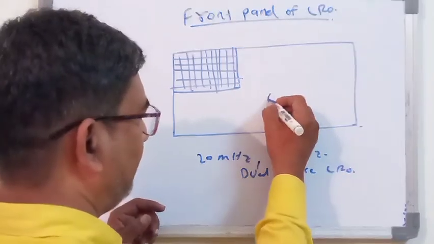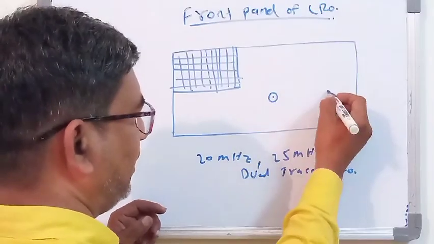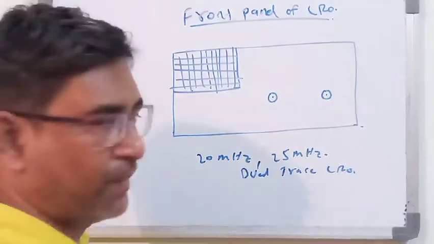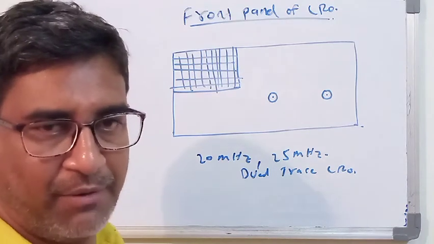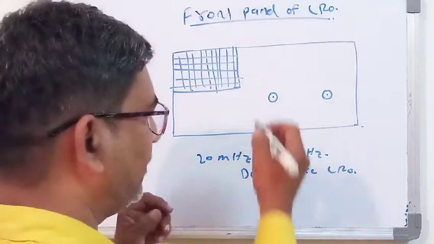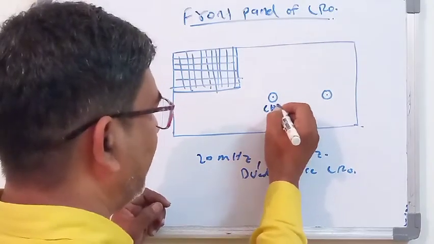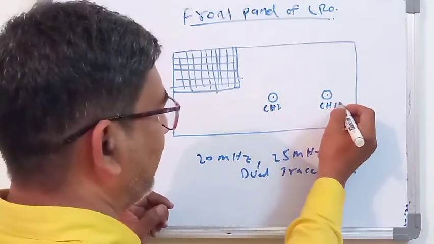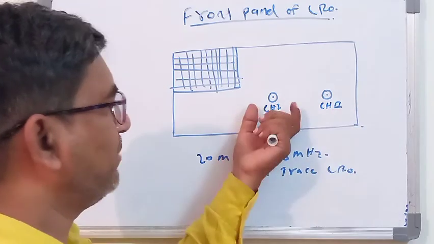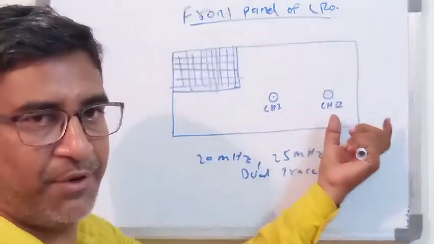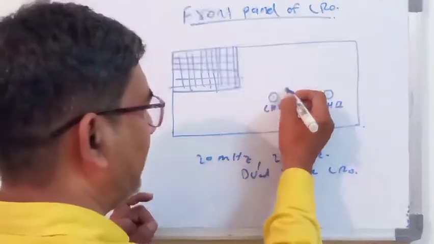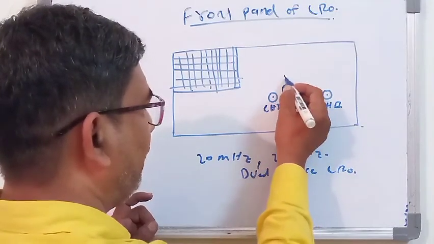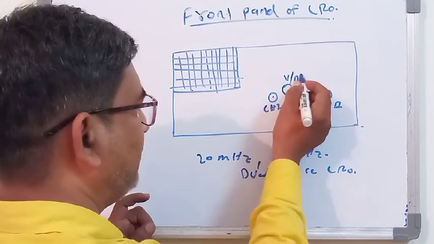Here you have one block like this. It indicates channel number 1 and channel number 2. Just beside channel number 1 and channel number 2, you have a button. That button is the volts per division button.